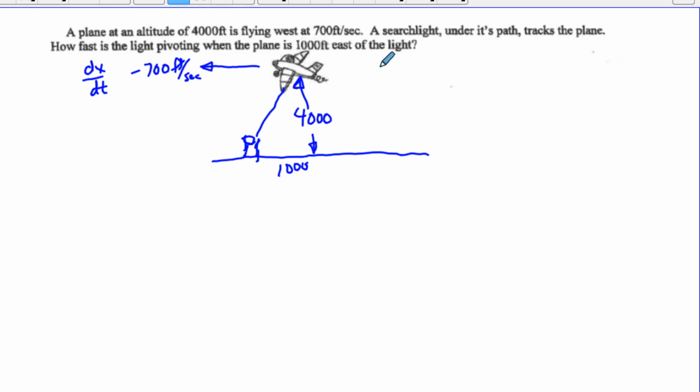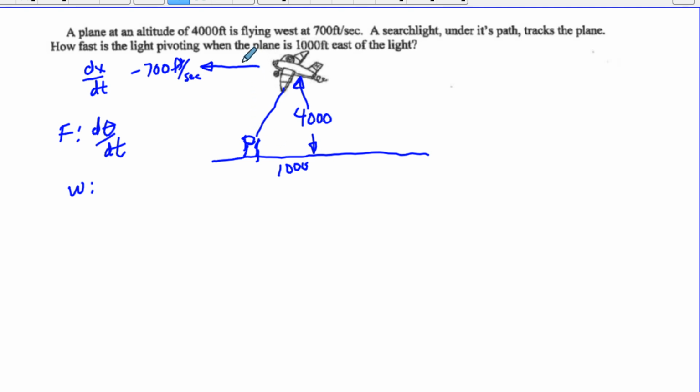Let's see what we have here. Find the light pivoting. So again, it's going to be like that last one, d theta dt, when this is going to be x.